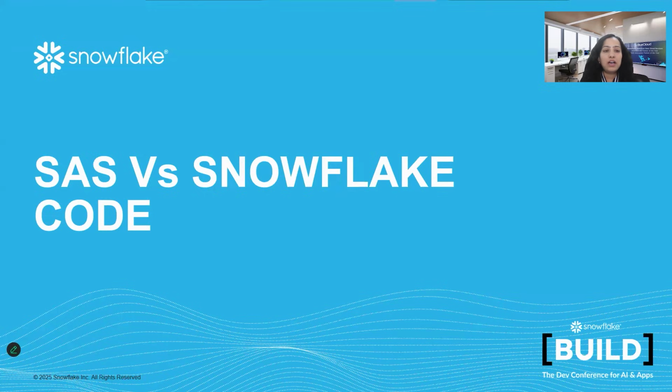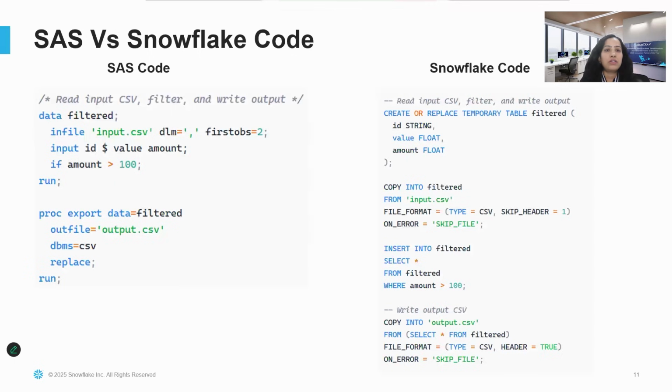Now let's see what the SAS code looks like and what the Snowflake code looks like. On your left hand side, there is a SAS code which is taking the input from a CSV file, filtering the data, and then putting the output in a CSV file. This code looks a little complicated and not very easy to understand.